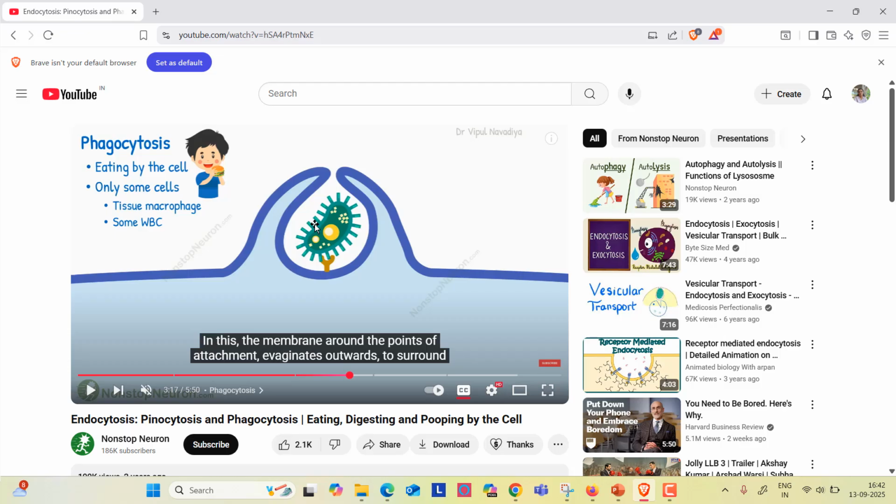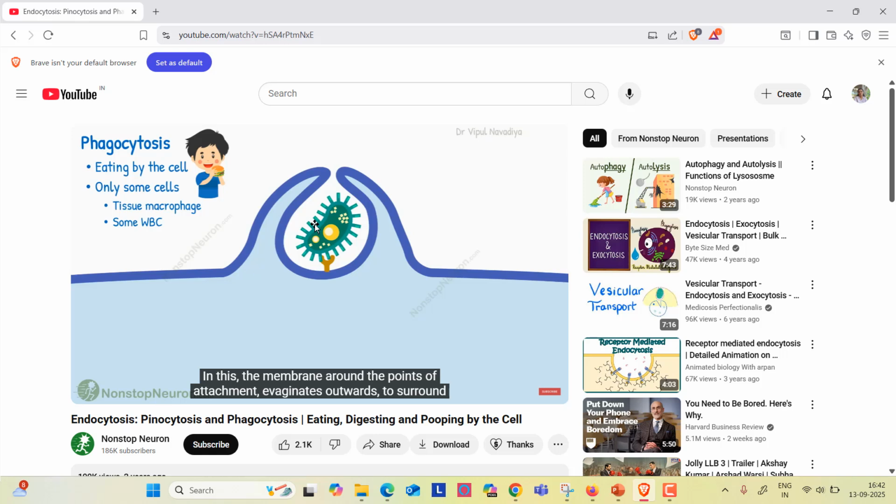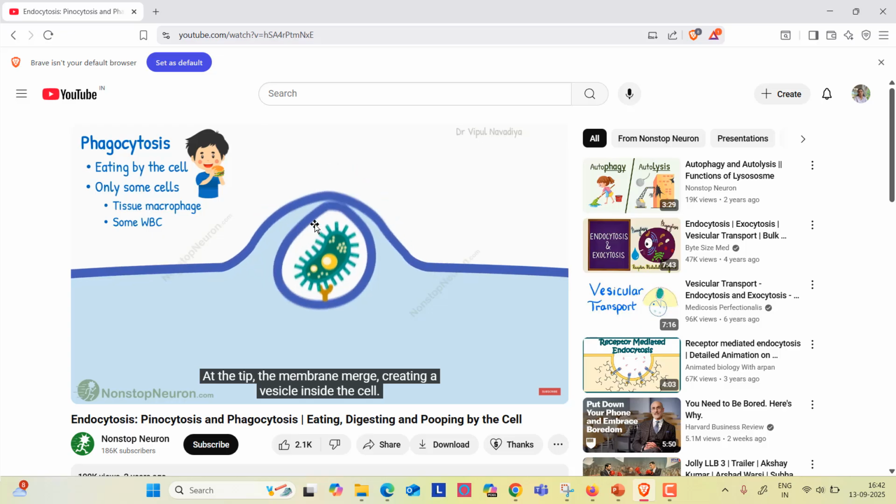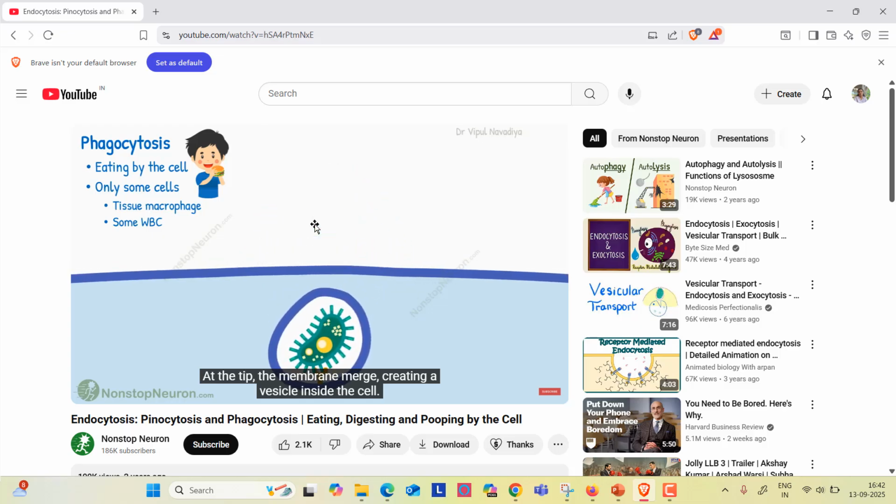The process is the same, but the initiation is a little different. In phagocytosis, the cell membrane evaginates itself to surround the entire particle, right? At the tip, the membrane merges, creating a vesicle inside the cell. It is called a phagocytic vesicle. So this is how phagocytosis happens.